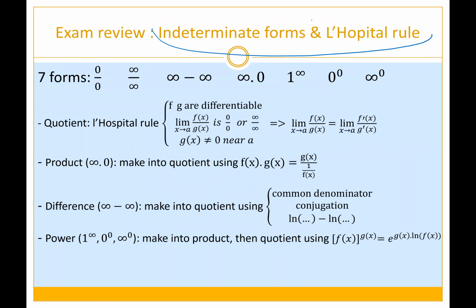So, the first piece of material for exam 2 is indeterminate forms of limit and L'Hopital's rule. You have 7 indeterminate forms: 0 over 0, infinity over infinity, infinity minus infinity, the product form, which is infinity multiplied by 0, and the power forms, 1 to the infinity, 0 to 0, or infinity to 0.